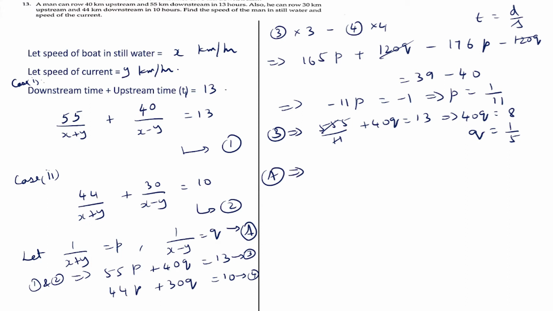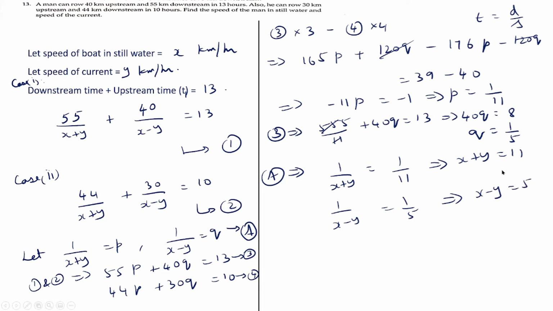So A implies 1 by x plus y equal to 1 by 11. From this we get x plus y equal to 11, and 1 by x minus y equal to 1 by 5. From this we get x minus y equal to 5. If we solve these two, we will get x and y. Therefore, x is equal to 11 plus 5 by 2.